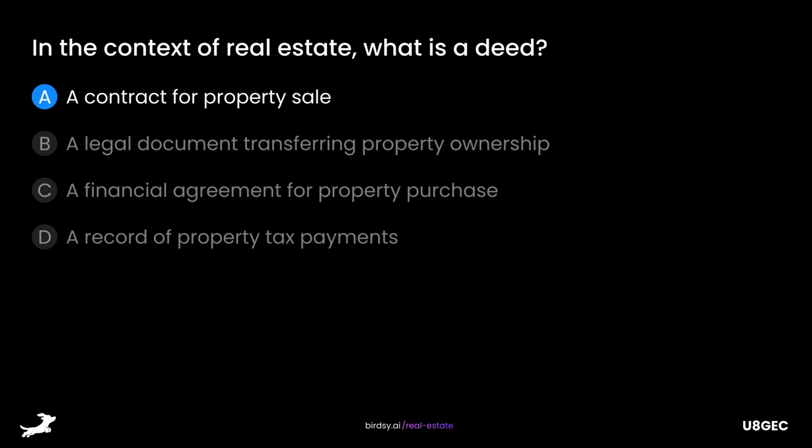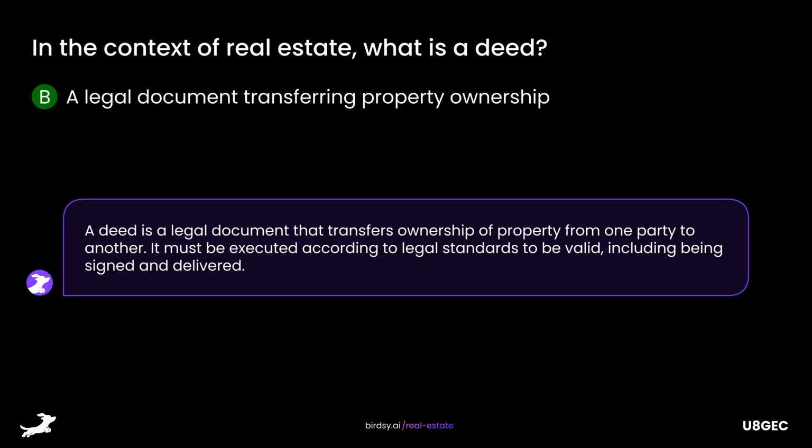Is it A, a contract for property sale, B, a legal document transferring property ownership, C, a financial agreement for property purchase, or D, a record of property tax payments? The answer is B, a legal document transferring property ownership. A deed is a legal document that transfers ownership of property from one party to another. It must be executed according to legal standards to be valid, including being signed and delivered.